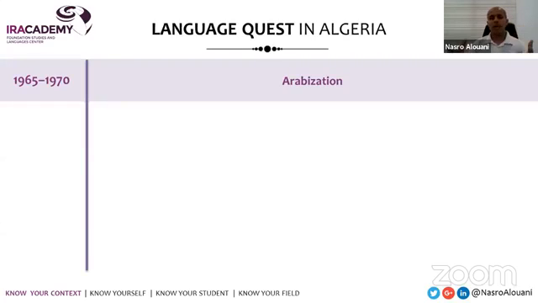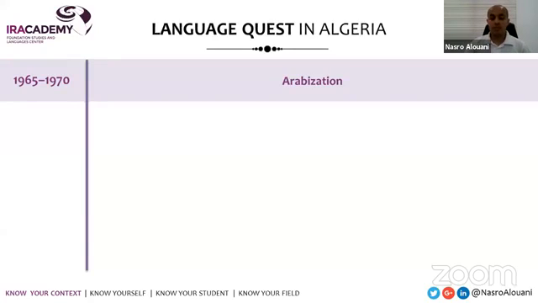The aim of Arabization was to help reshape the identity of Algerians, translate curriculums into Arabic, teach in university in Arabic, and create people who have a certain language and a certain identity with it.